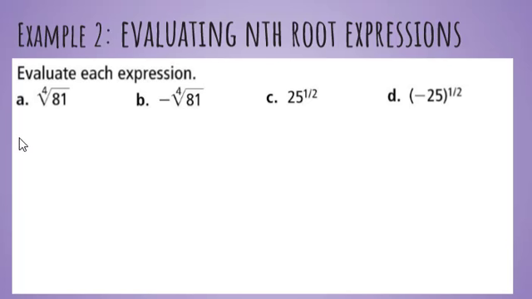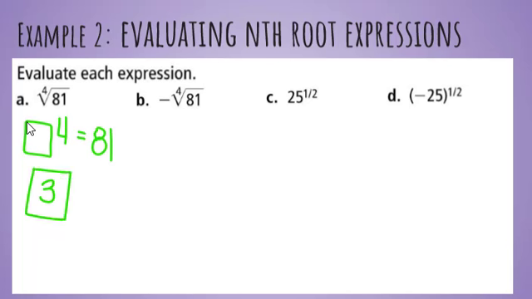Example 2 is evaluating some nth root expressions. For the first one, we have the fourth root of 81. We're thinking, what number to the fourth power gives us 81? It's kind of like guess and check. For this problem, 3 to the fourth power gives us 81, so our answer here is 3.